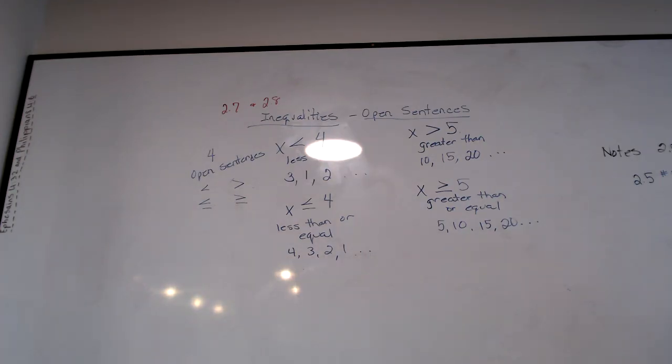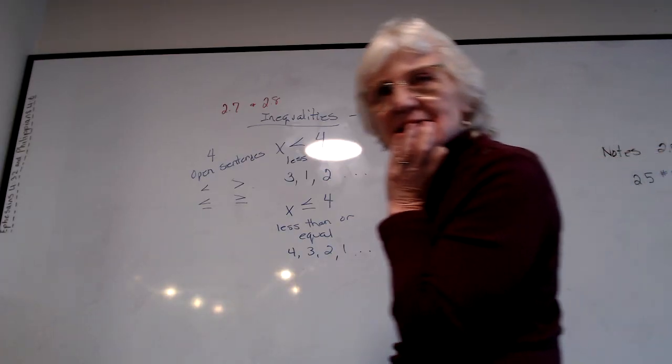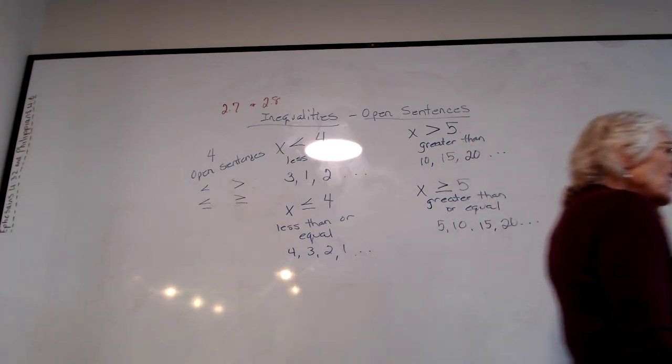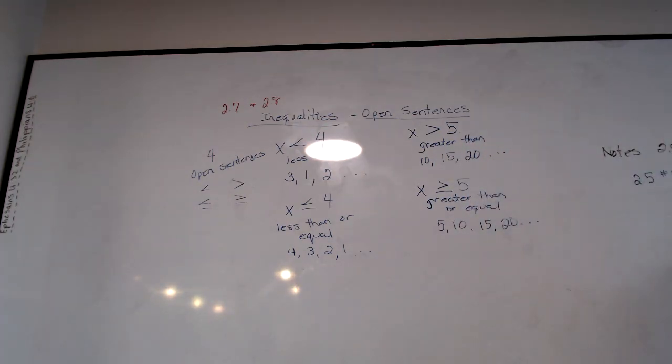So I'm expecting you to know how to do this tomorrow in class. Everybody have it down? So you know how to identify the numbers that fit into these statements by knowing what less than or equal to and greater than mean.